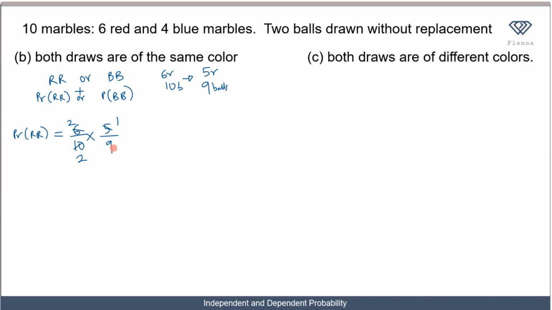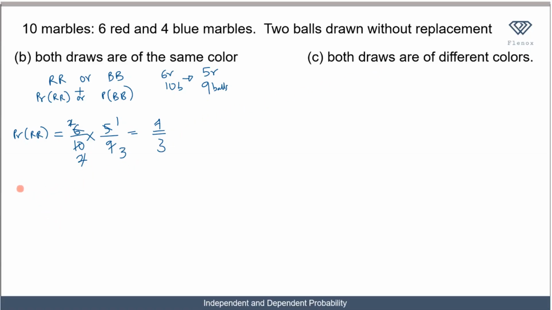And 2 here gives me 3. So what does that give me? 2 over 6, which is 1 over 3. So the probability of having both red balls without replacement is 1 over 3.